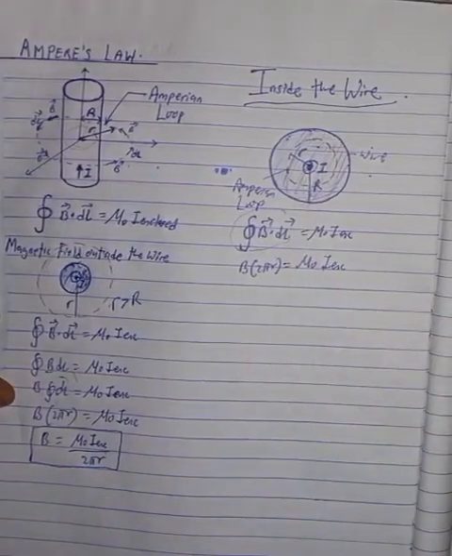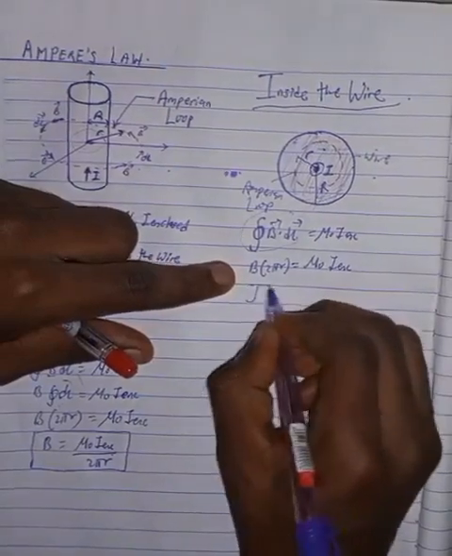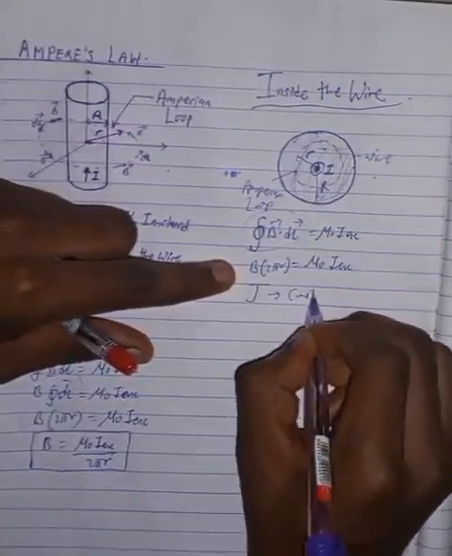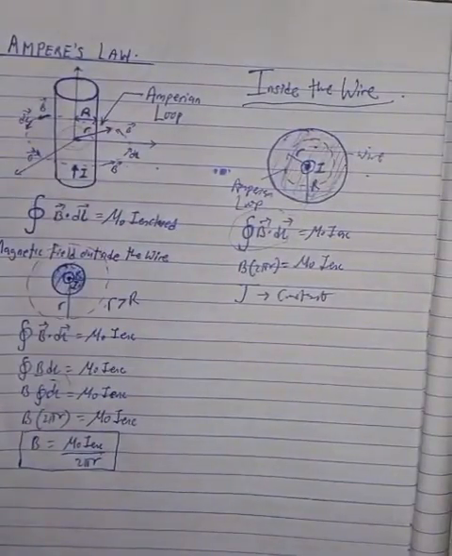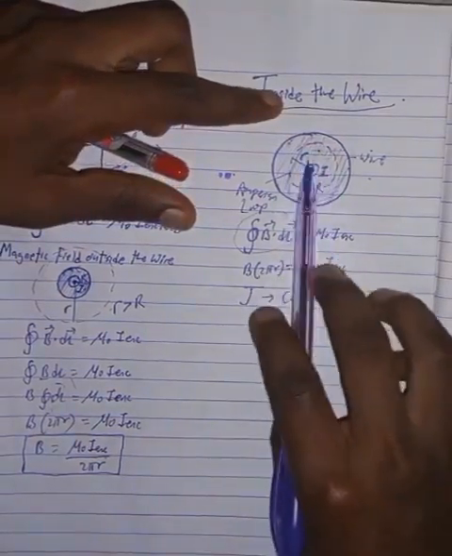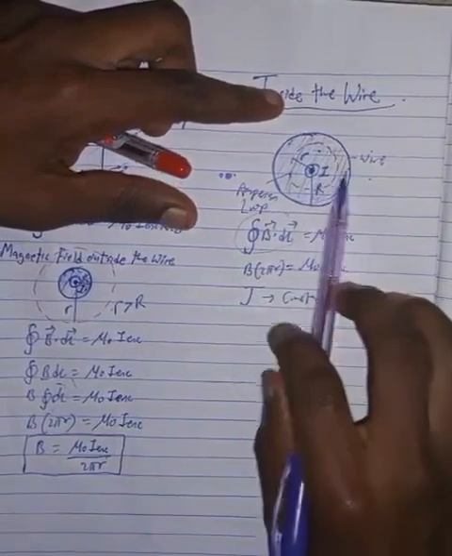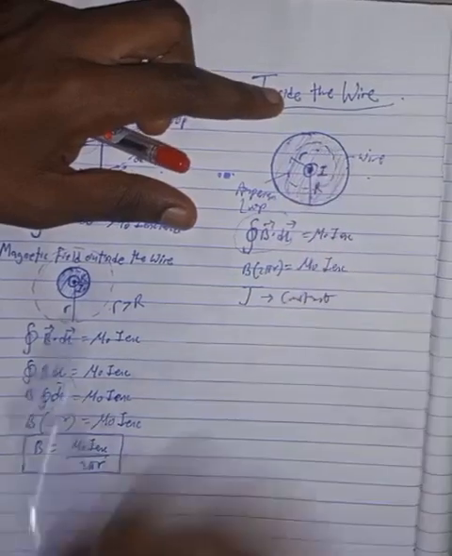You take note of the fact that the current density is a constant. And what is current density? Current over area. I will say the current density inside this Amperian loop is equal to the current density in the whole wire.